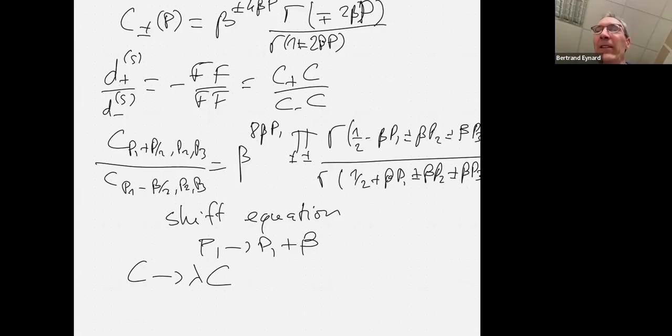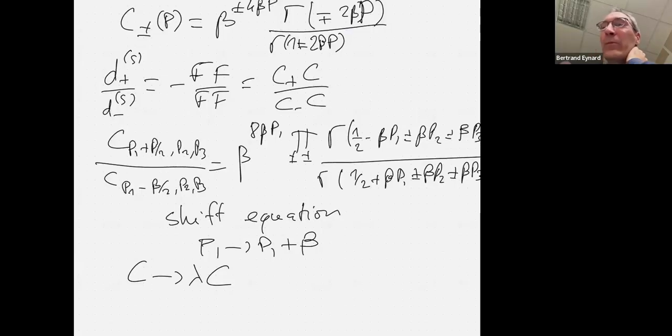So maybe I can rephrase my question again. We have a shift equation which tells you how C behaves under the shift P1 goes to P1 plus beta. Let's assume that it behaved trivially, that it was really periodic with period beta. Would it mean it would have to be constant? Well, no, right?